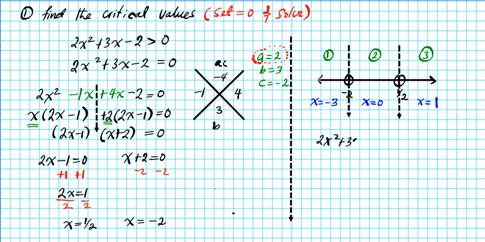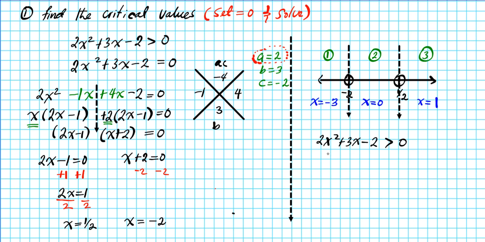Okay? Now, what we're doing is we want to see where this inequality is greater than 0. What do we know about the sign of a number that is greater than 0? It's positive, okay? So any of these input values that results in this expression attaining a positive value, the interval that contains that test value will be a valid solution region.